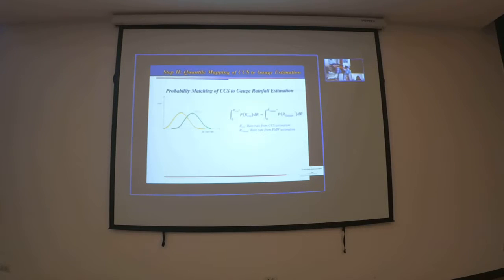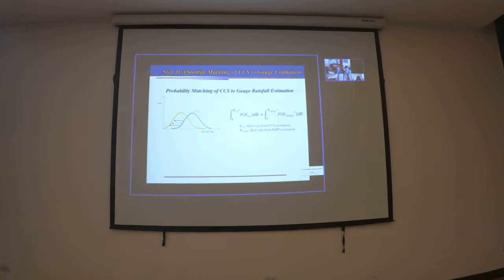The x-axis is rainfall rate, and the y-axis is the probability of the rain rate in that particular area after you collect the data set. So the concept is that the distributions for our estimates and the gauge are not together. Our intention is to move the green curve to the yellow, or orange, curve.